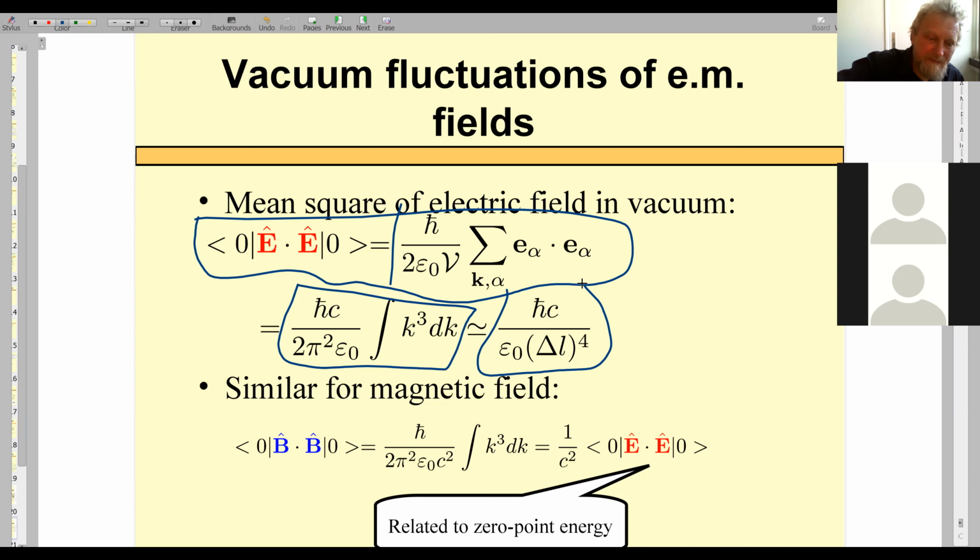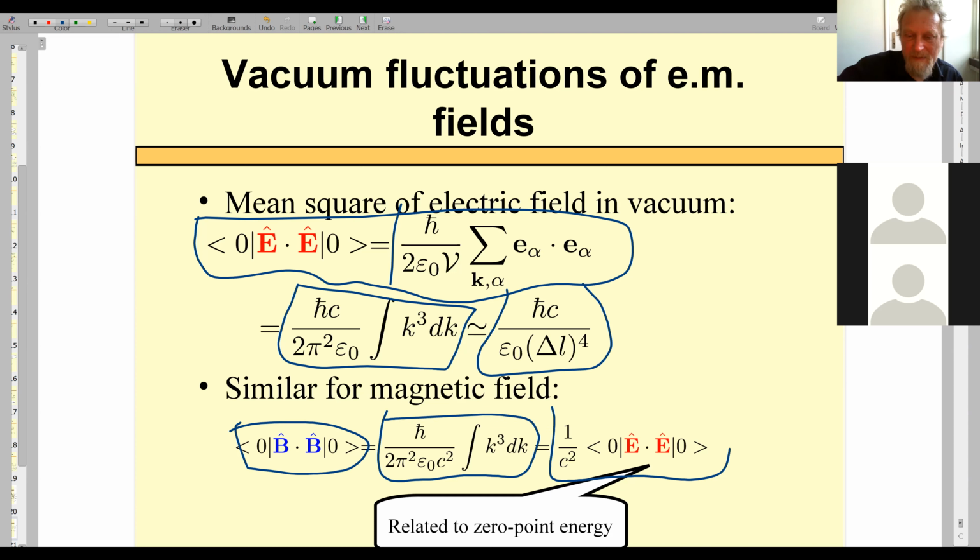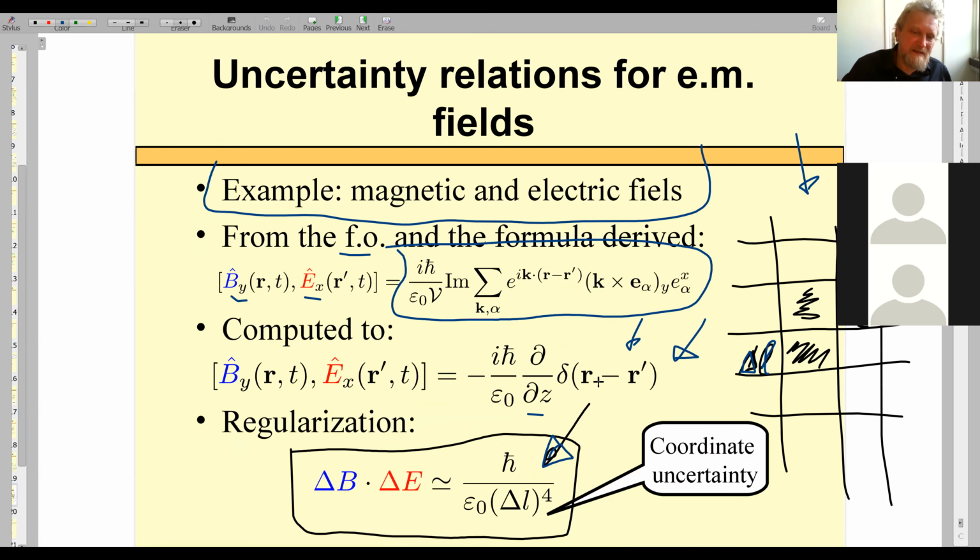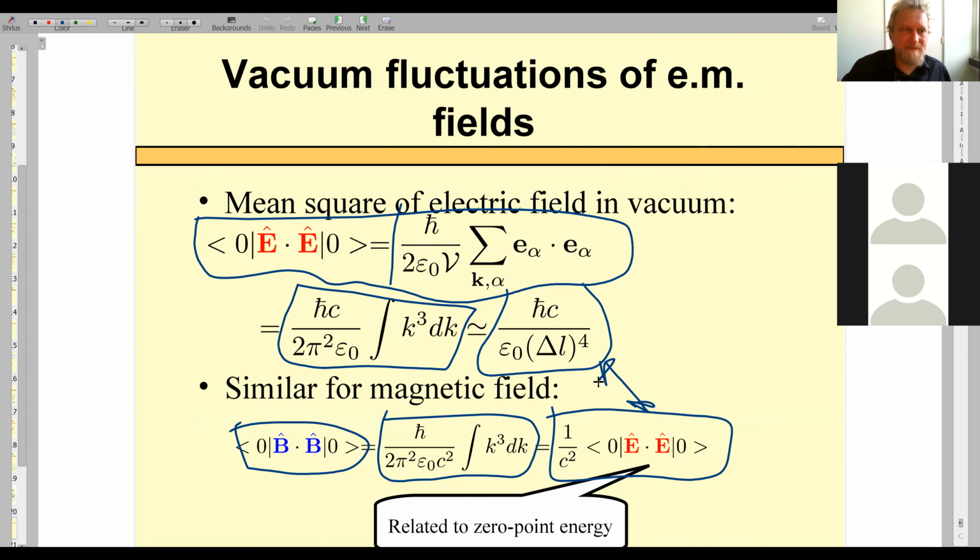In the same way, I can compute the fluctuation of magnetic field, again using the same formula, the same power law as I get for uncertainty. It all depends on space resolution.